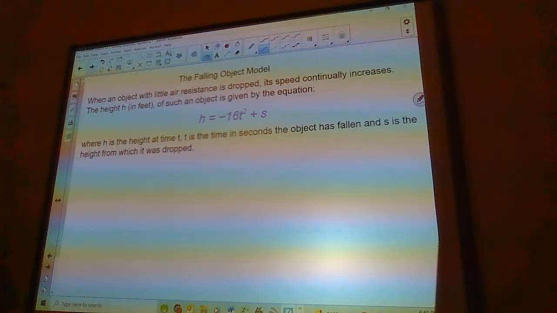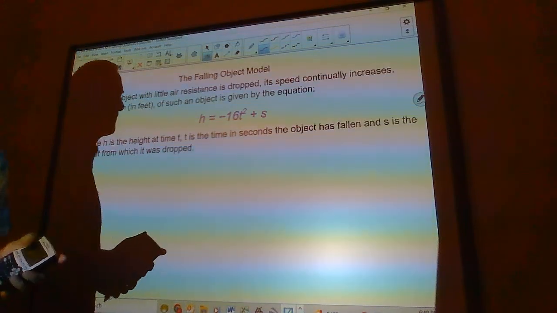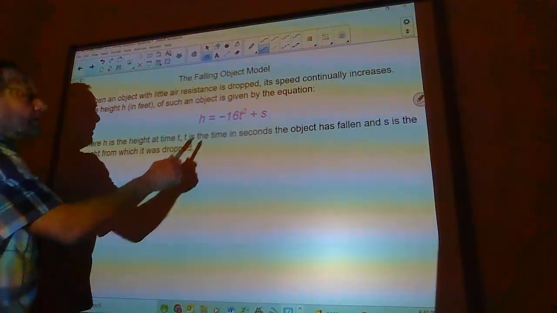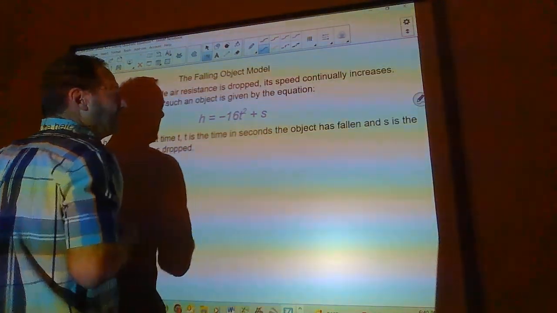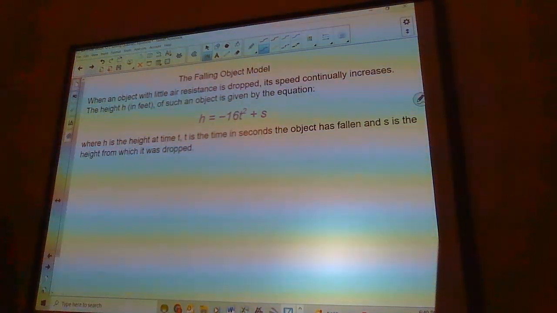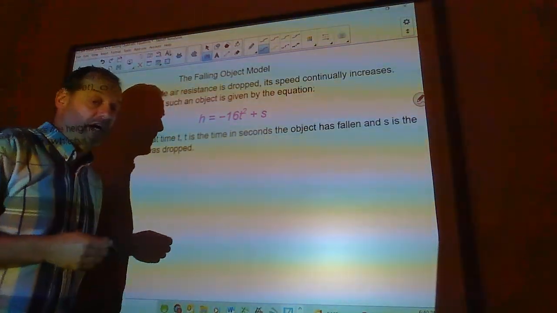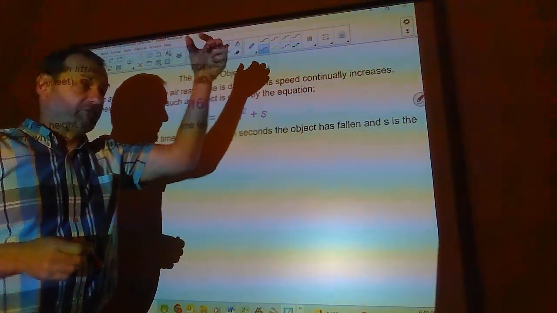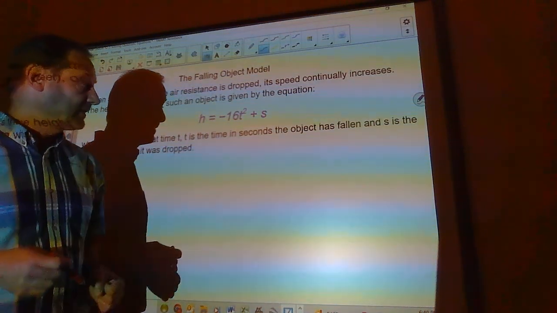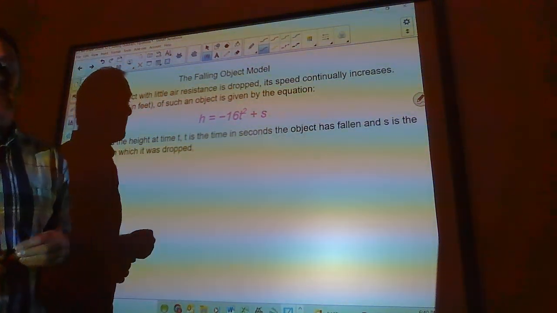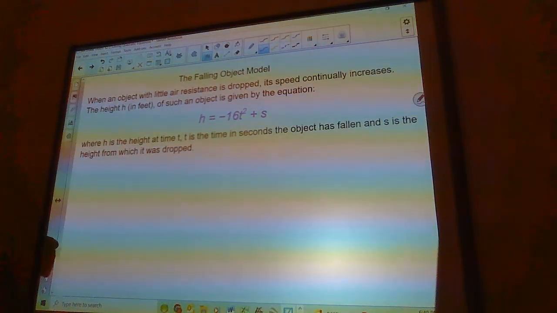Okay, falling objects. So here's the thing, if you drop something on the earth, it falls according to this equation right here. H equals negative 16t squared plus s, where s is the height at which you drop it. So if I was to drop it from here, this would be like 6 feet. S would be 6. Okay, t is time, and h is the height of the object at any particular time.